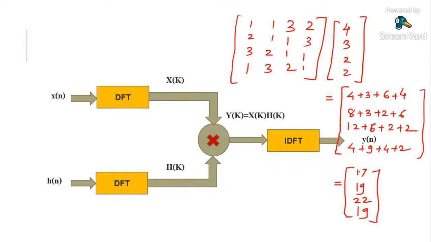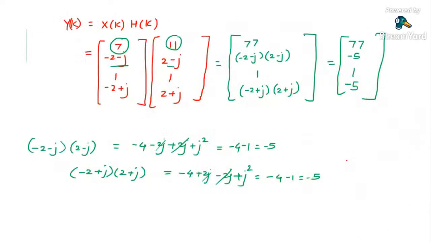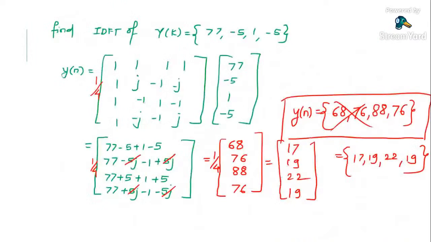Now see this 17, 19, 22, 19. This answer we got from the circular convolution method, and by using the DFT property we also got 17, 19, 22, 19. This is how DFT properties can be used for circular convolution: circular convolution in the time domain becomes just multiplication in the frequency domain.